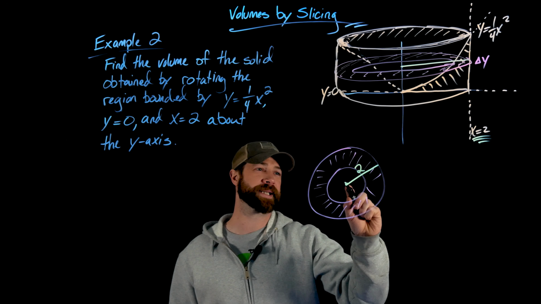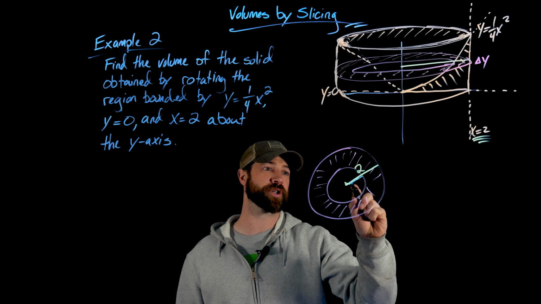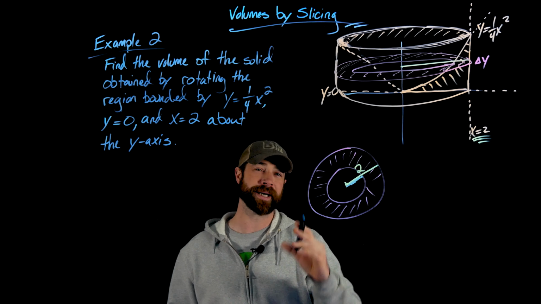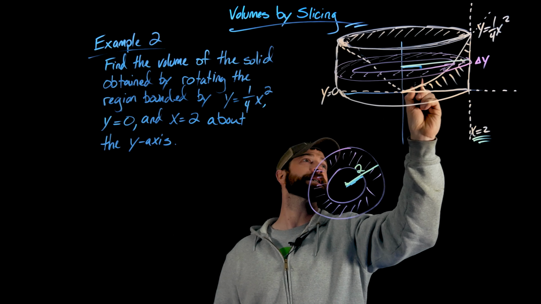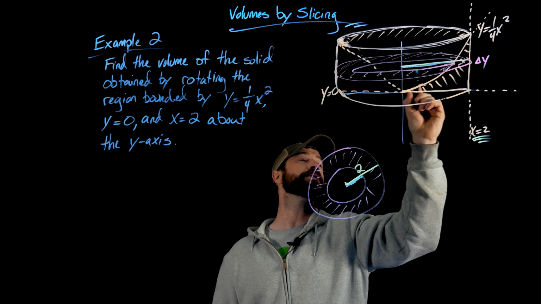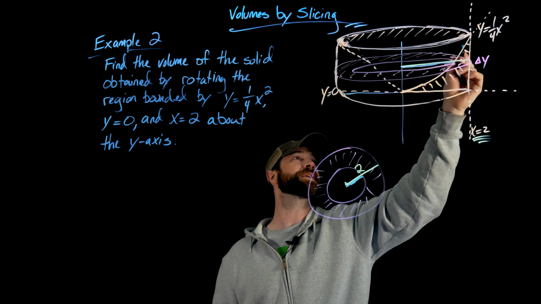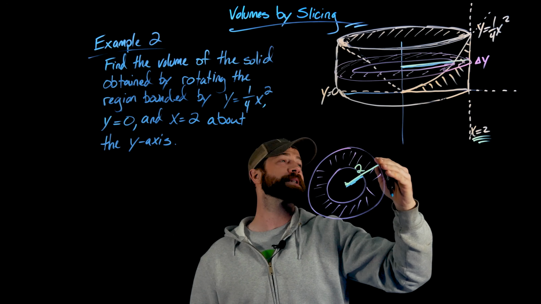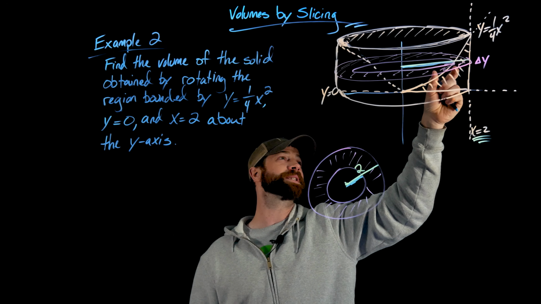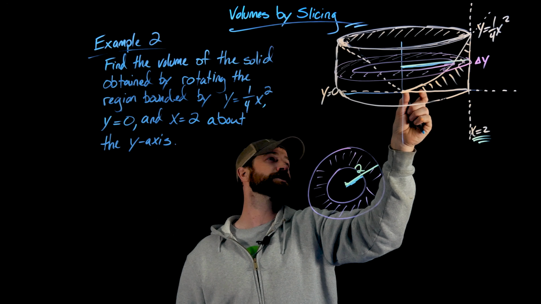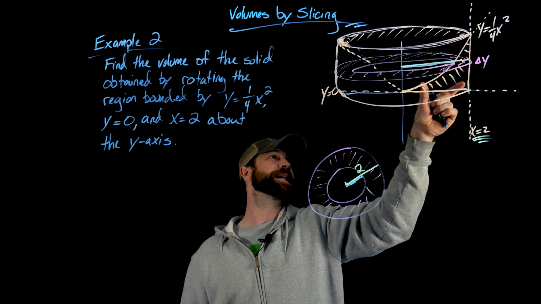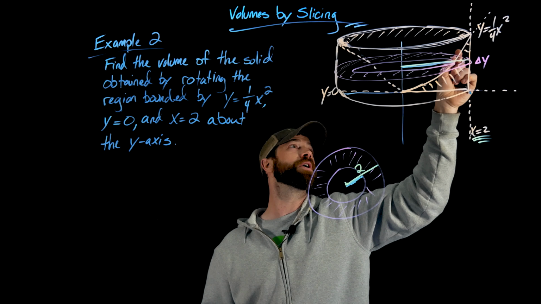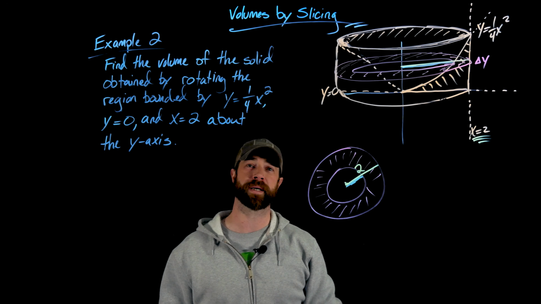The inner radius, this little circle we're going to subtract out, does vary, and that's what creates this shape. The inner radius is described by the x value of this quadratic. Going from bottom to top, the outer radius is always 2, but the inner radius of the cross-sectional piece changes. There's almost no inner radius at first, and then we get a bigger inner radius until we meet up at this point right here.